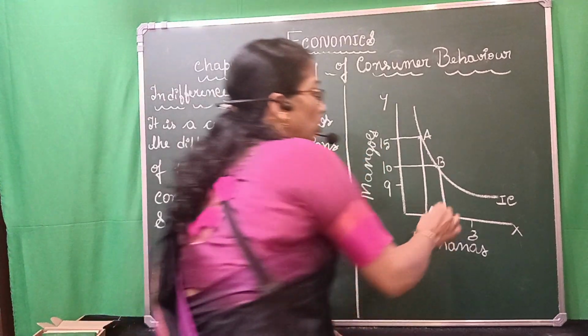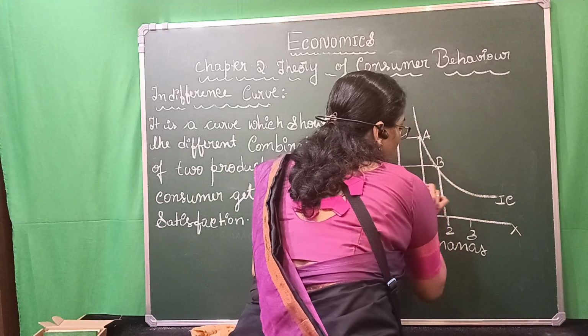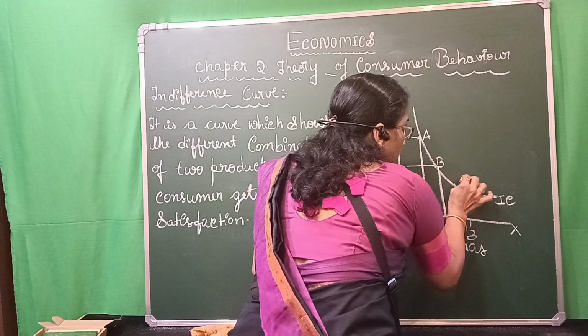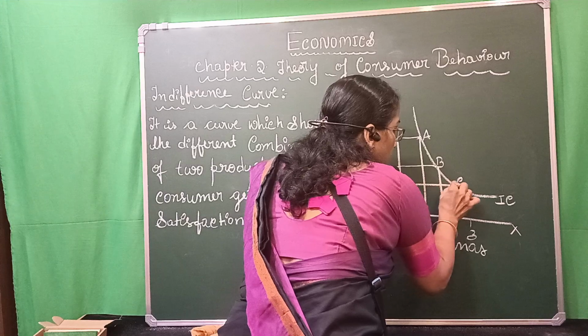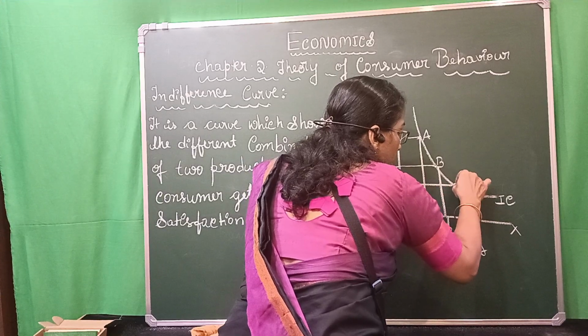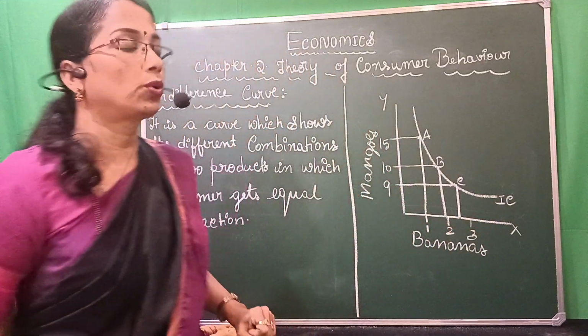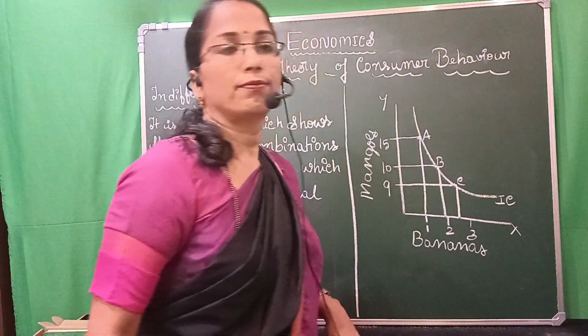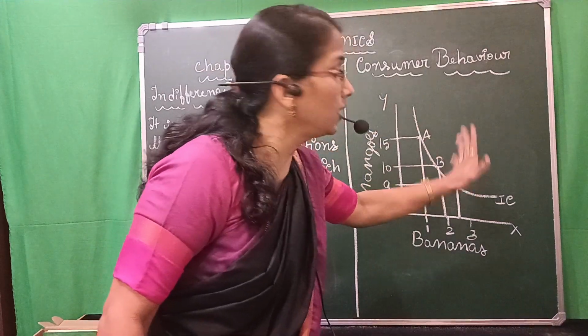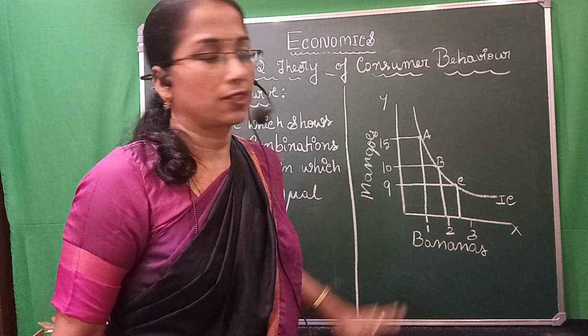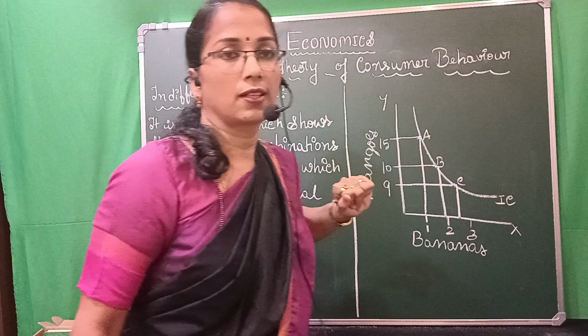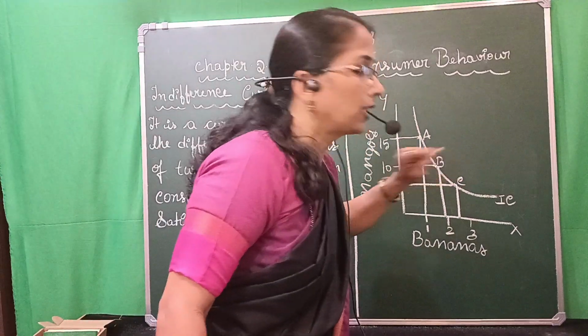Let us take one more point on the same indifference curve, point C. It indicates the consumer is consuming 9 mangoes and 2.5 bananas. So all these are different combinations. I have shown you only 3 combinations.